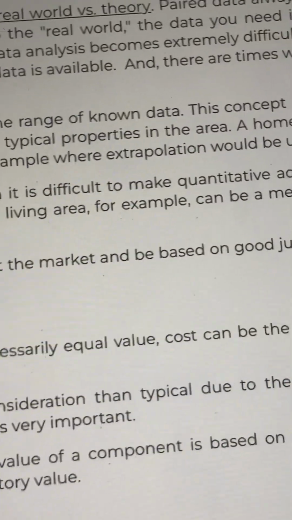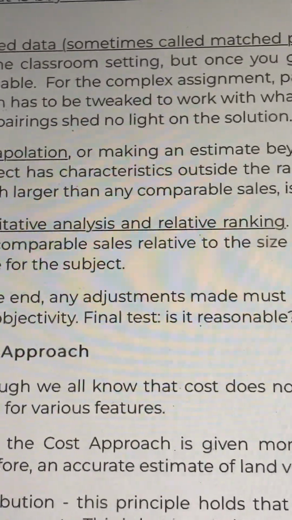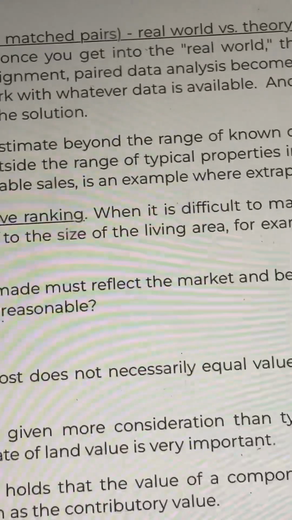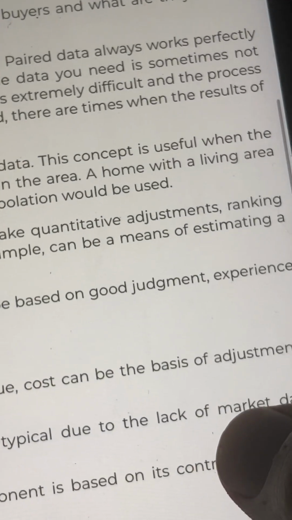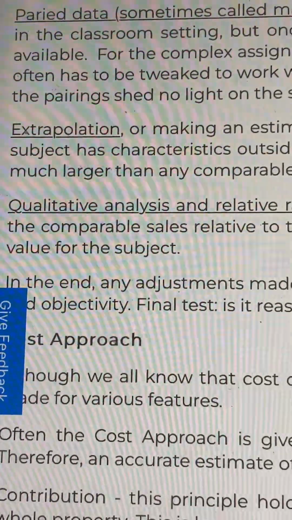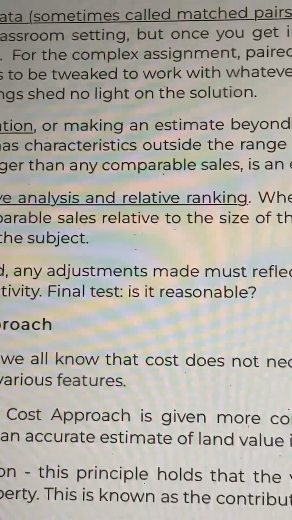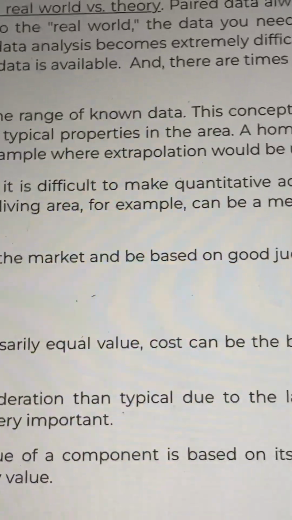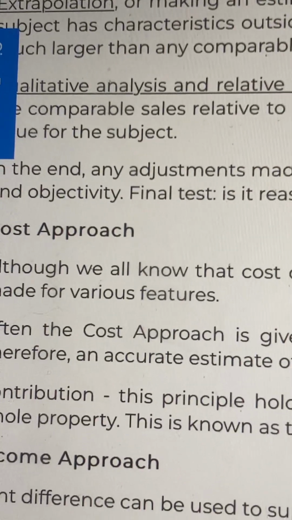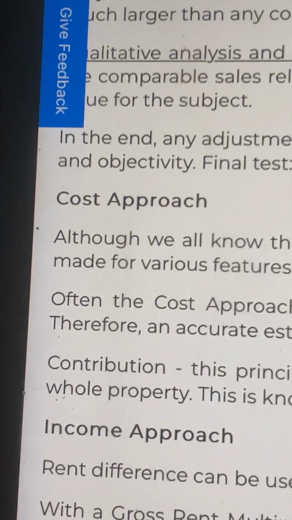When it is difficult to make quantitative adjustments, ranking the comparable sales relative to the size of the living area, for example, can be a means of estimating a value for the subject. In the end, any adjustments made must reflect the market and be based on good judgment, experience, and objectivity. Final test. Is it reasonable?